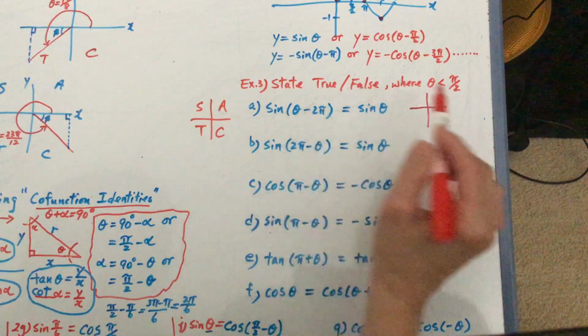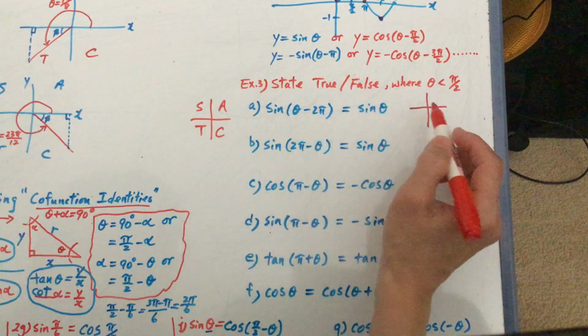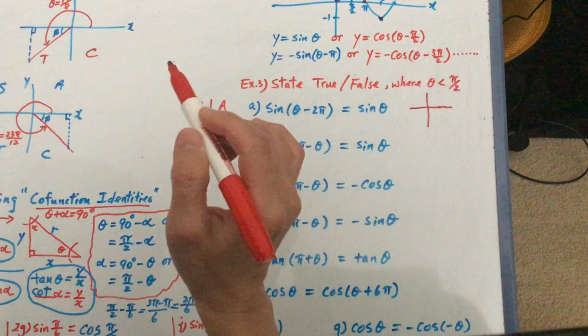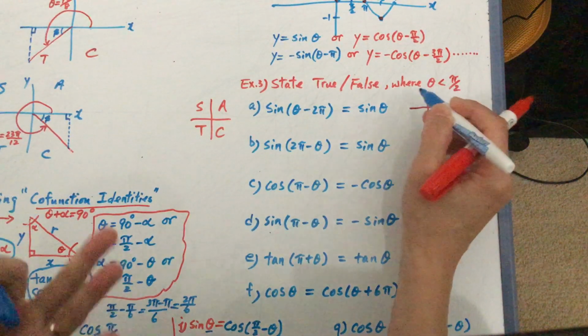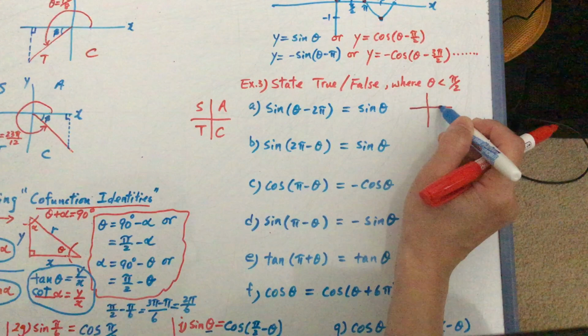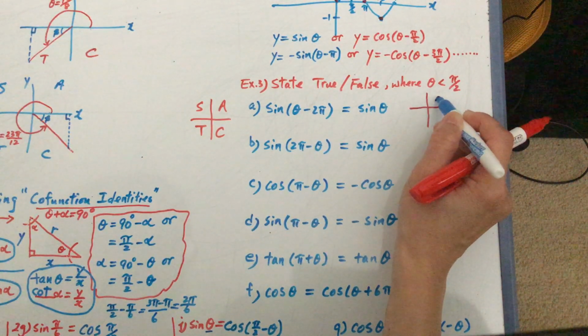If I have a theta that is less than 90 degrees, a positive theta, that means you always start from the initial position here. Whatever that theta is, it's under 90, so it's going to be somewhere here in quadrant 1.